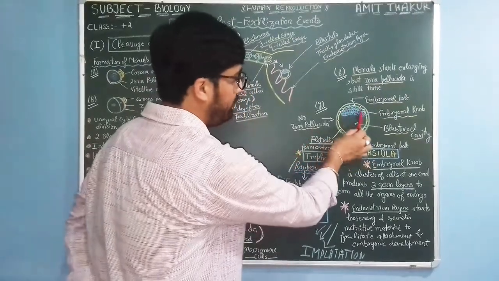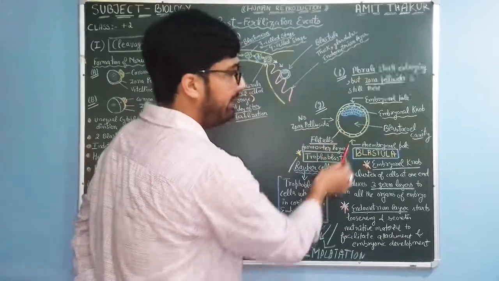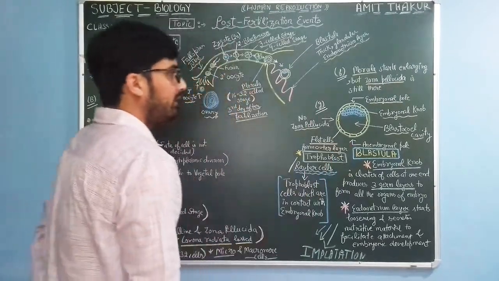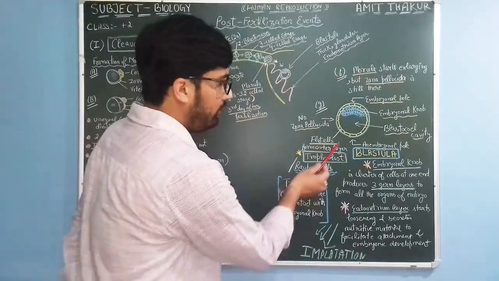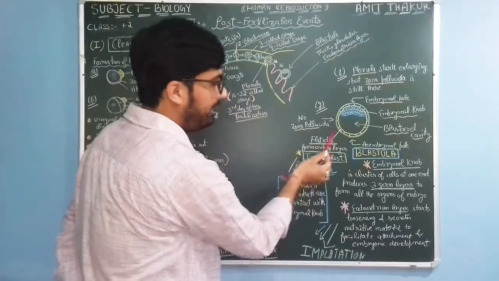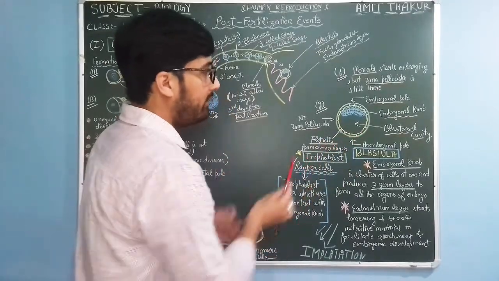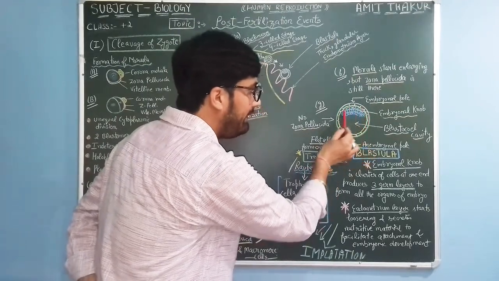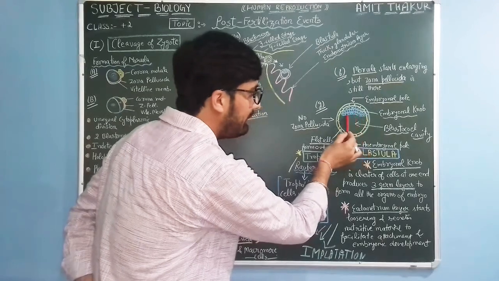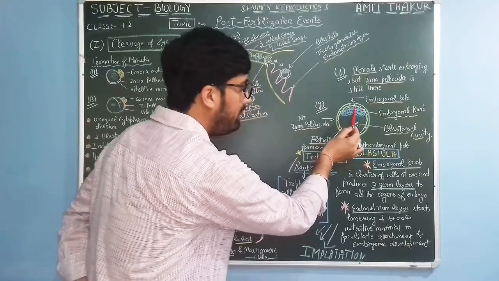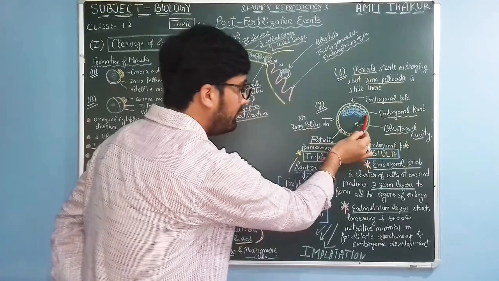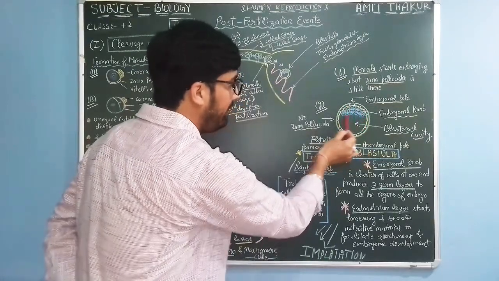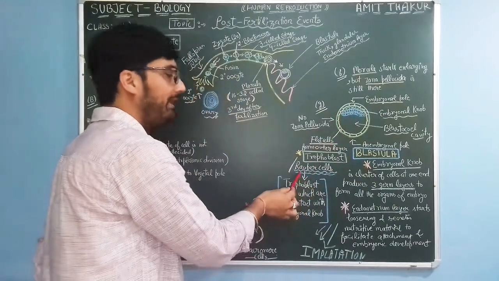This cluster of cells is known as the embryonal knob, and the rest of the cavity is empty, known as the blastocoele cavity. As I told you, these flat cells are known as trophoblasts, and the trophoblast cells which are in contact with the embryonal knob or this cluster of cells are known as Rauber cells.